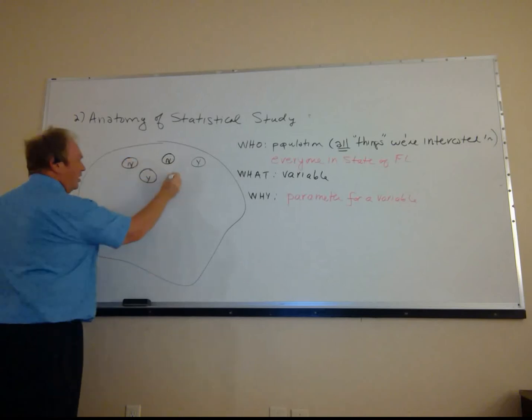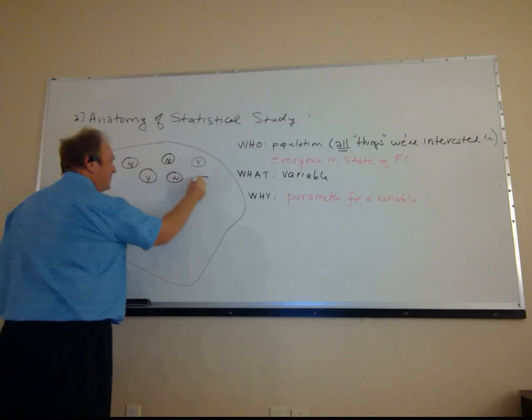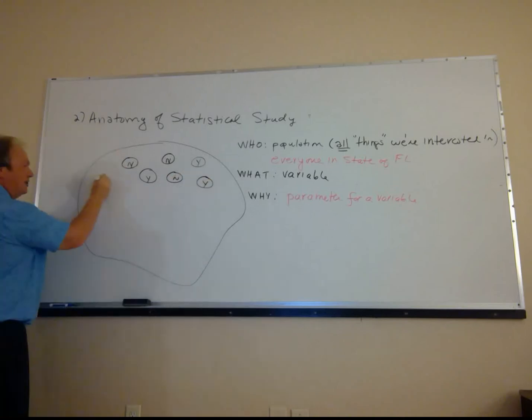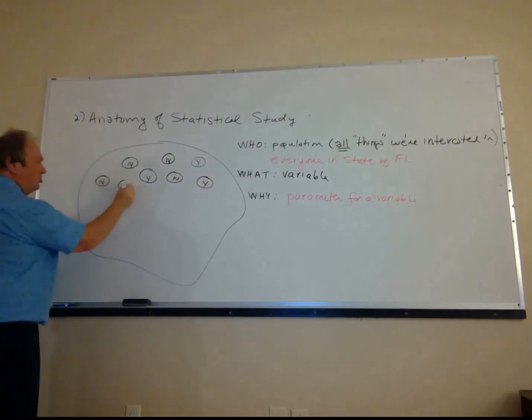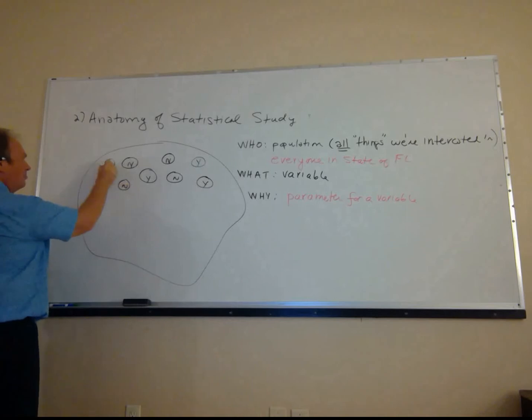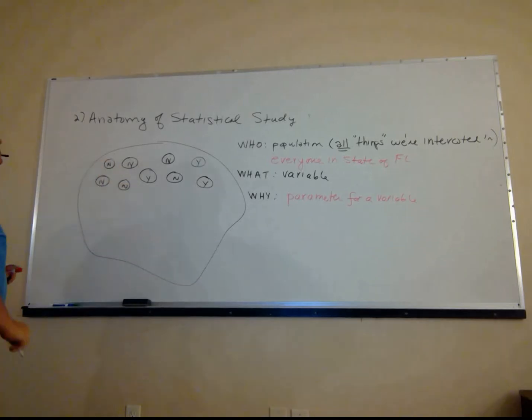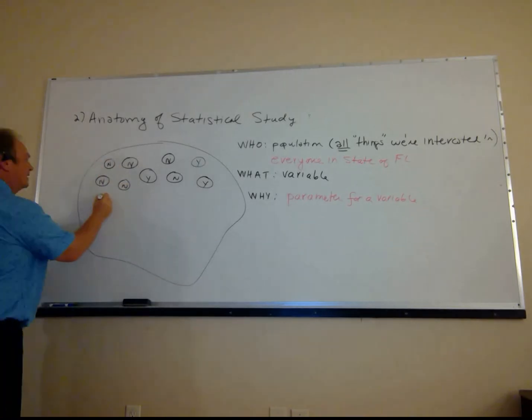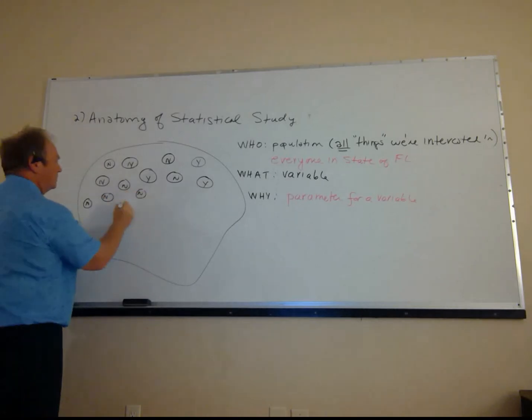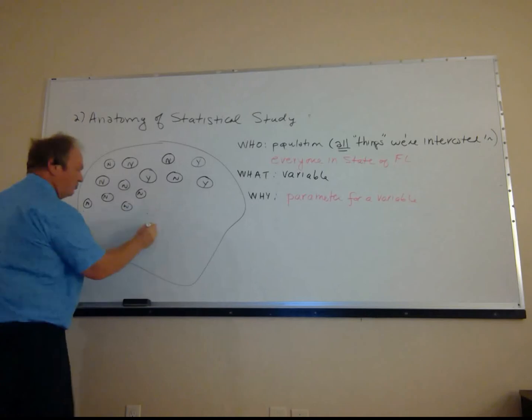And I mean, I don't have all day to spend doing this, right? But I'm going to fill in a few here. But this population is huge, right? I mean, the population of Florida, I don't remember it right offhand. So we had this huge population, right?